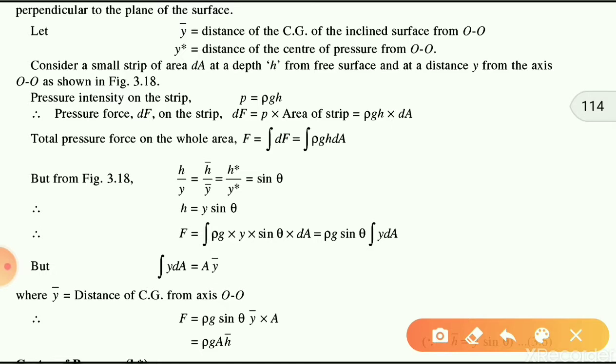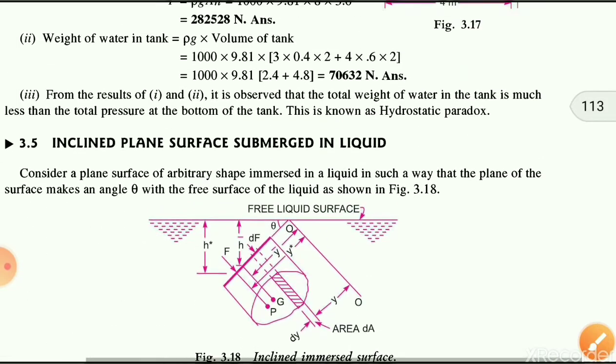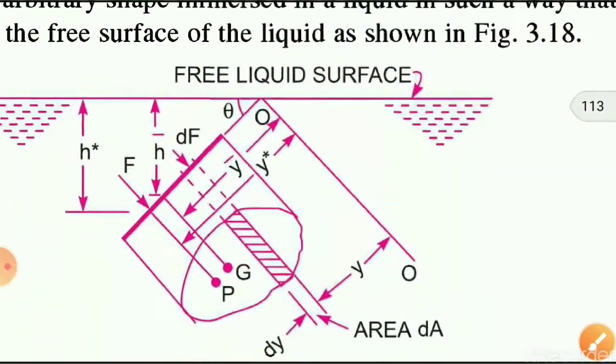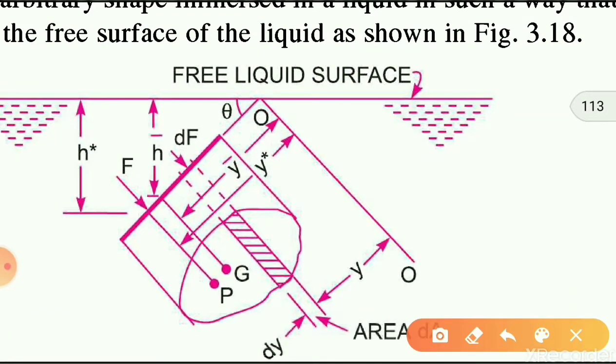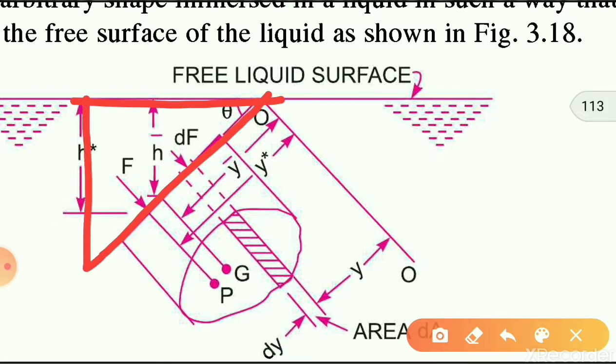Now at this point from this figure we can say that h divided by y is equal to h bar divided by y bar, which is equal to s star divided by y star, which is equal to sine theta. From this diagram, if we consider these triangles, because these are making the angle theta, this is the angle theta.